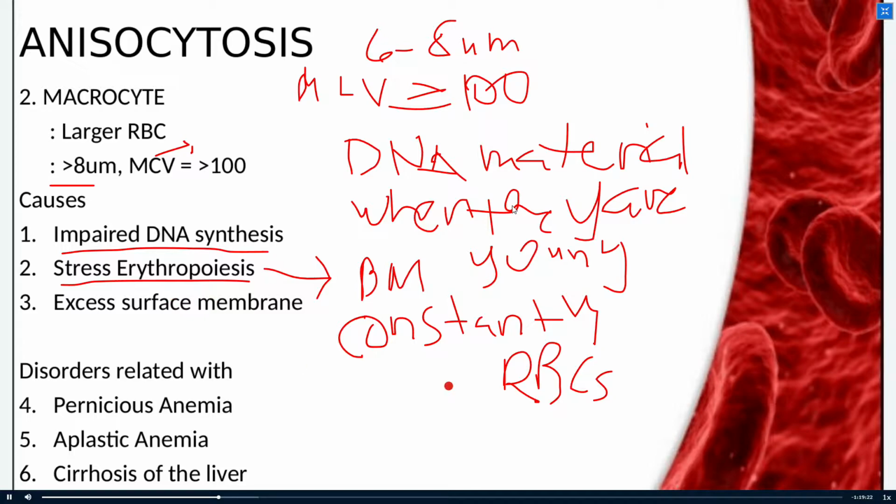When would that happen? When does your bone marrow constantly produce RBCs? Can you give me a condition or a disease wherein the bone marrow would constantly produce red blood cells? Any ideas?